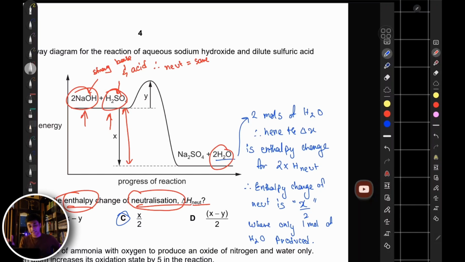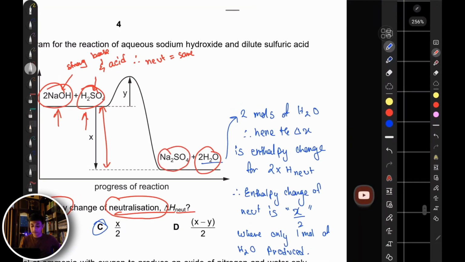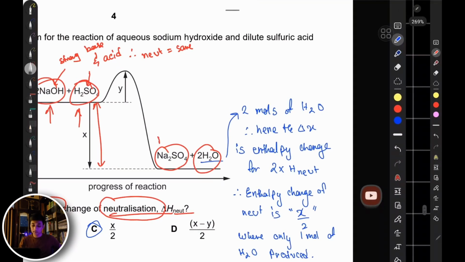After the reaction has taken place, sodium sulfate is already in aqueous form. No new bonds have been formed yet. Why? Because Na is an ion, sulfate is an ion as well.